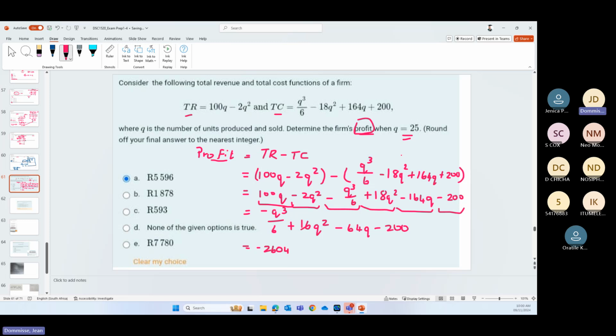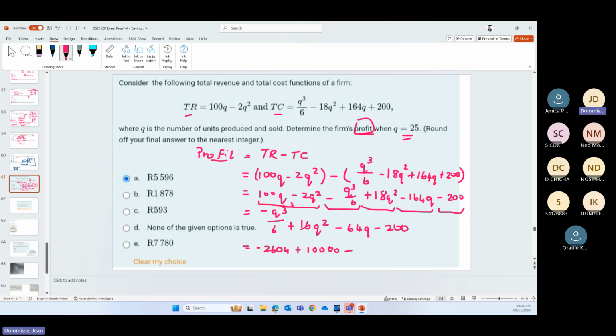They tell us to round off to the nearest integer, so we don't need to add those decimals. Then 25 to the power of 2 is 625, and 625 times 16 is 10,000 on the dot.